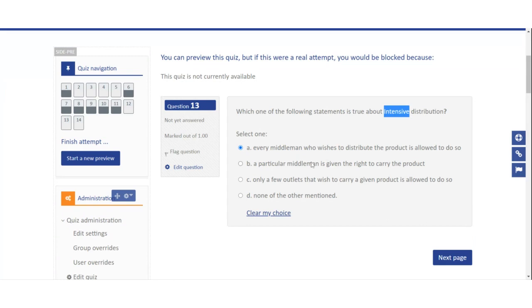Where a particular middleman is given the right to carry the product is selective distribution or exclusive distribution. Then only a few outlets who wish to carry the product are allowed to do that. That is selective distribution. So the answer is every middleman.